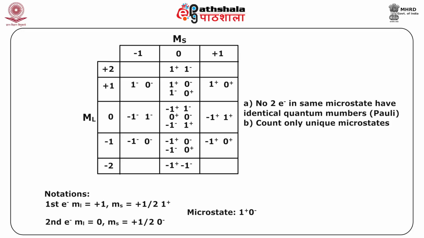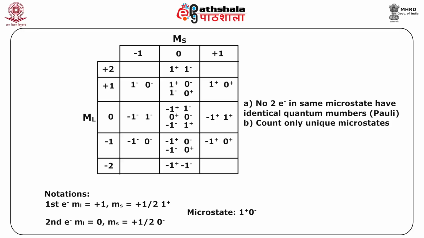The notation 1+ signifies that the electron has the value of ml equal to 1 with the spin value of +1/2. On similar terms, the microstate table can be constructed. The microstate table for the p2 configuration has been shown in figure.